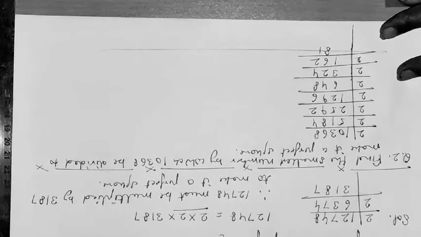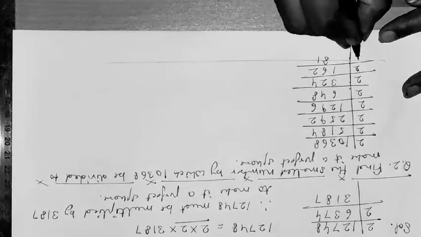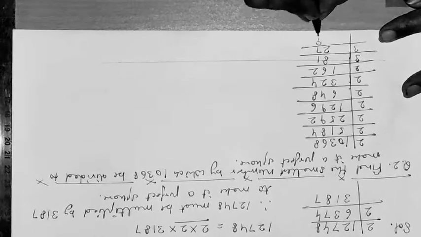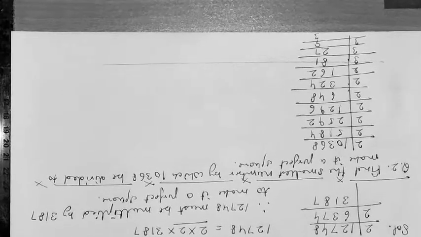Now when we reach 81, we will divide by 3. So these are the factors of 10368.